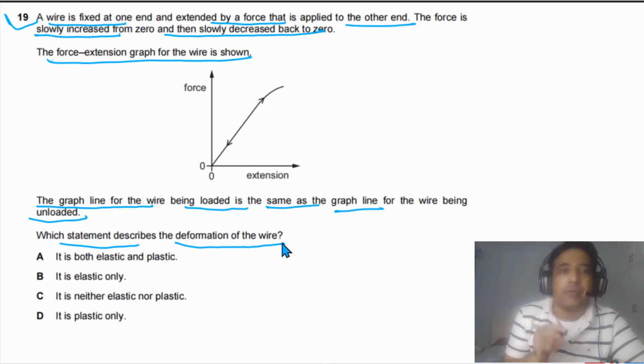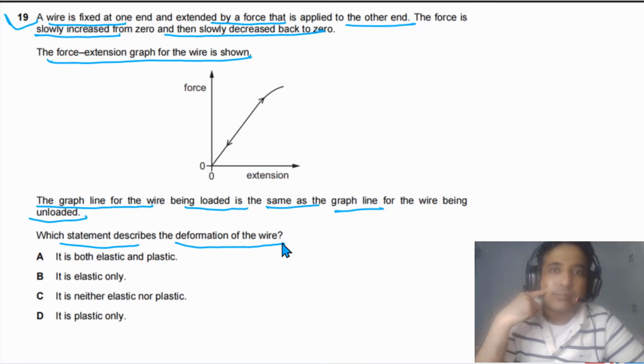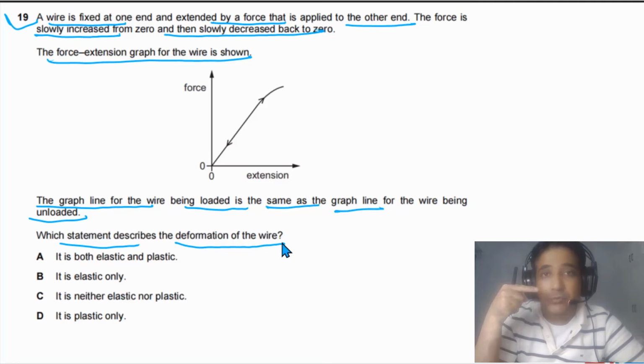So first of all, let me explain it to you with a simple example. Imagine that if I place my finger on my cheek, you will see my cheek has deformed. Now if I remove the finger, you will see it has regained shape. So it means that this kind of deformation is elastic because my cheek has returned back to its original shape and size.